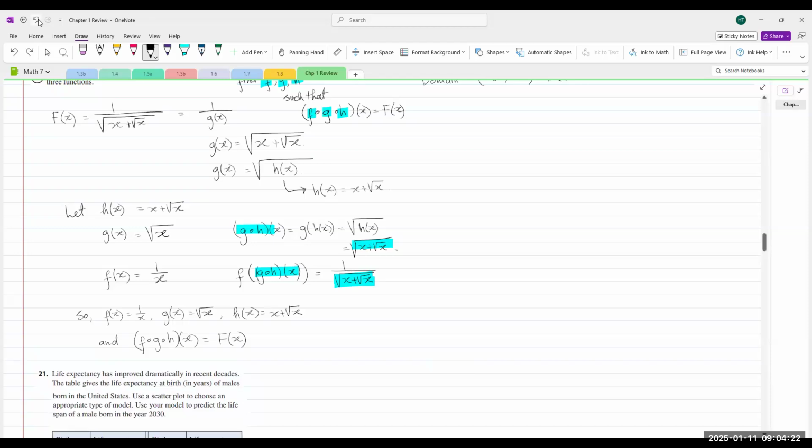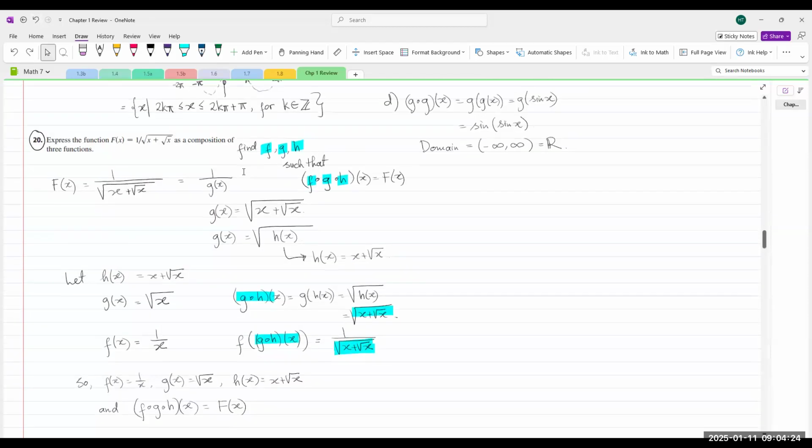Okay, so the thing we need to do here is to find three functions such that when we compose them, we get a capital function F. Now, this type of question may not be as crucial right now, but this skill is very crucial later on when we do derivatives, because we need to see them as compositions of functions.